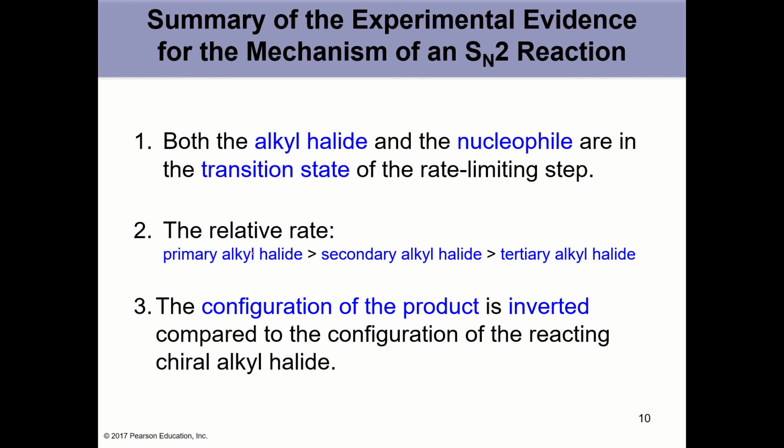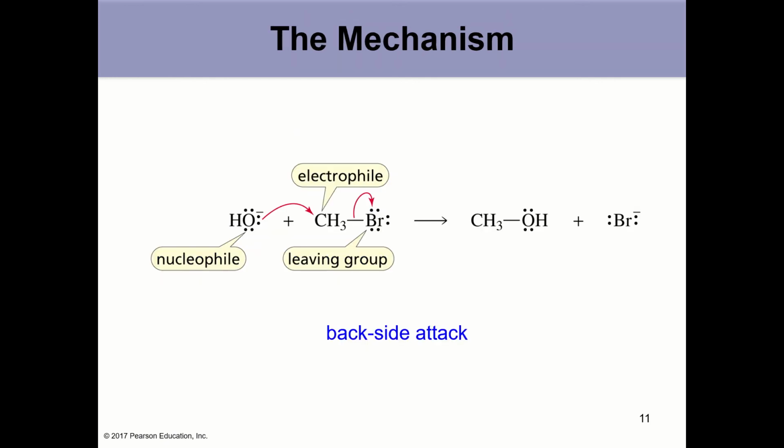So we are faster for primary alkyl halides, slower for secondary alkyl halides, and not occurring for tertiary alkyl halides. And then the configuration of the product is inverted compared to the configuration of the reactant of a chiral alkyl halide. And so these are all evidence supporting the mechanism we're going to propose for an SN2 reaction.